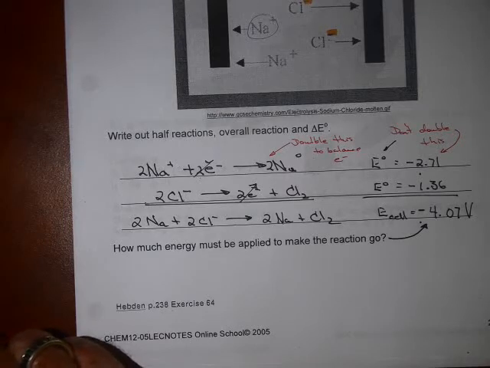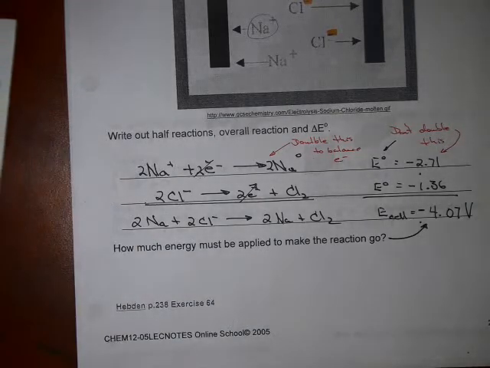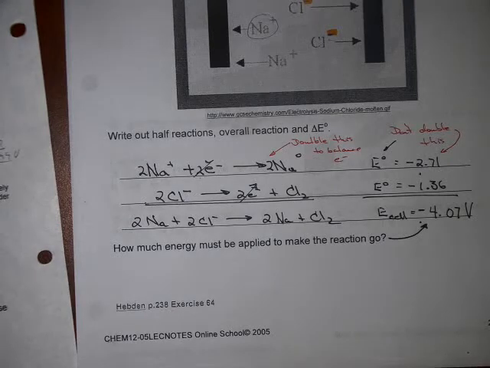Okay, let's try a problem. This is on page 238 in Hebden, number 64. It says, for each of the following molten ionic compounds, show the half-cell reactions which occur at the cathode and the anode, the overall reaction, and the minimum voltage which is applied to make the electrolysis reaction occur.